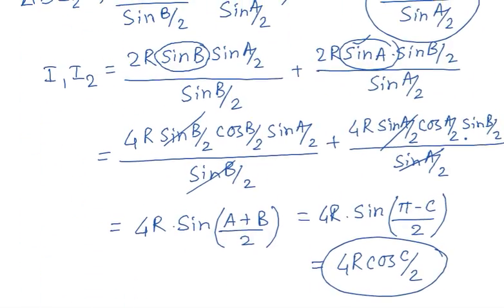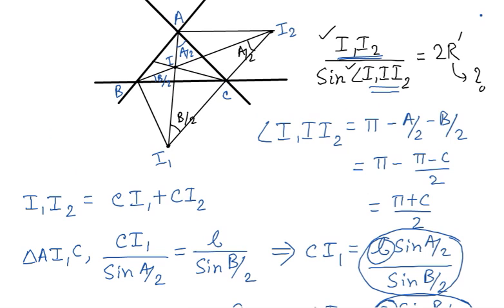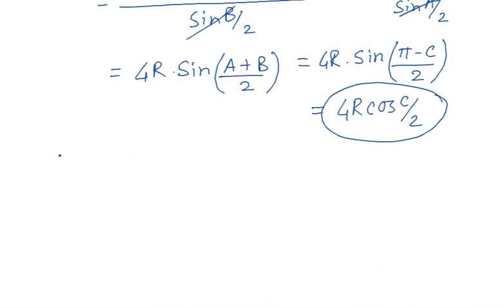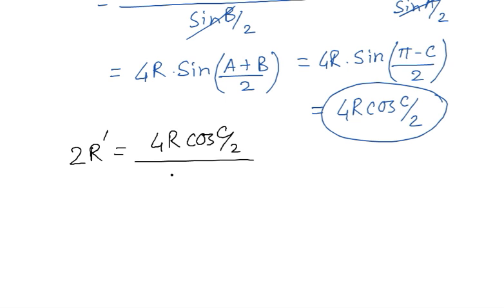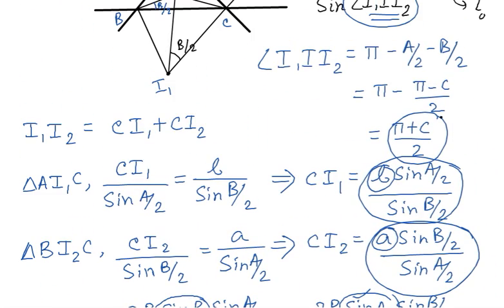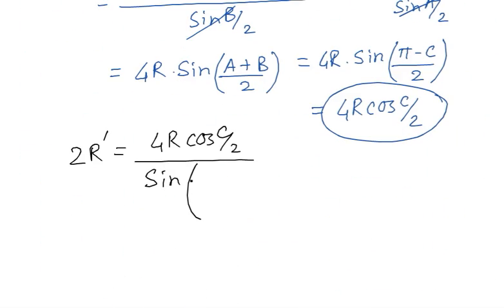So since we have got the side length I1 I2 to be 4r cos C by 2, and we have got this particular angle to be pi plus C by 2, let us now calculate r dash. According to our formula, 2r dash is equal to I1 I2, that is 4r cos C by 2, divided by sine of the angle, which was pi plus C by 2.